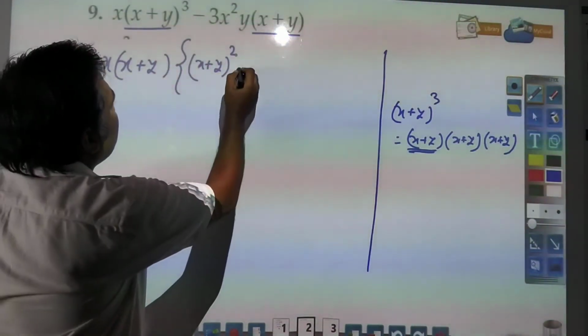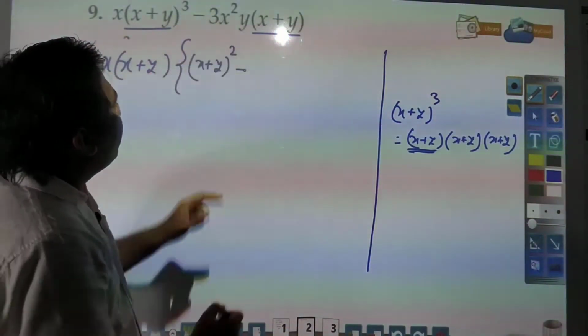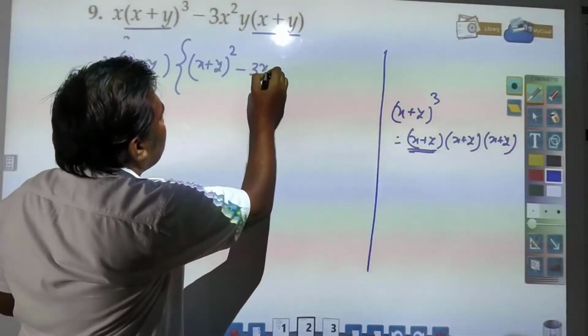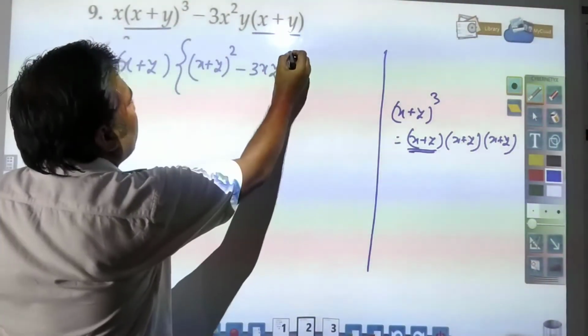Then minus, this x you have taken out from here, and you are left with 3xy, and this x plus y already you have taken out.